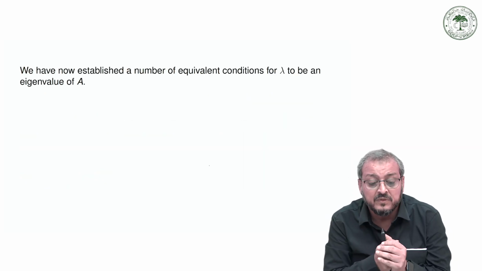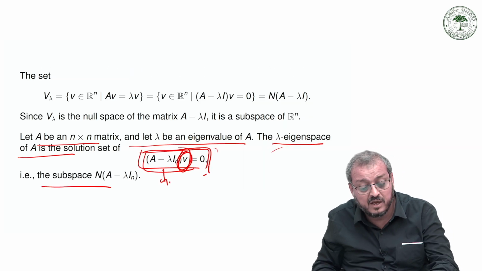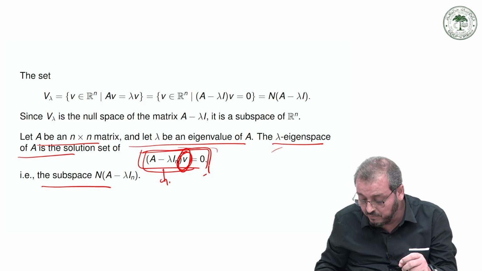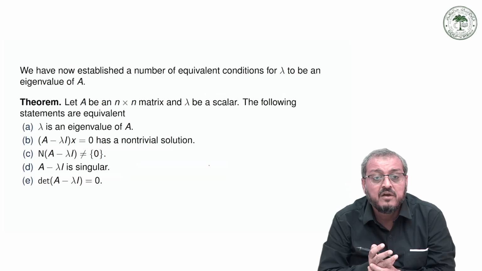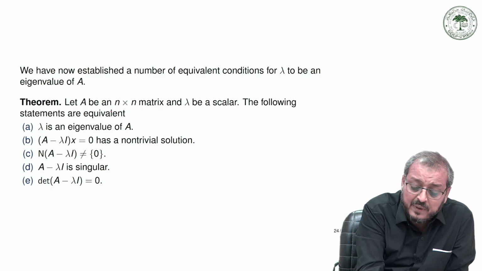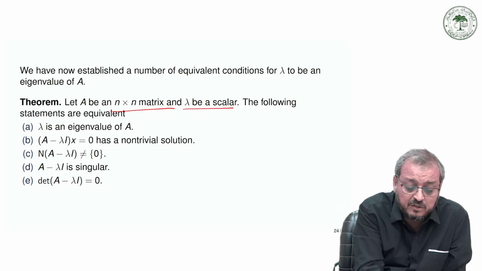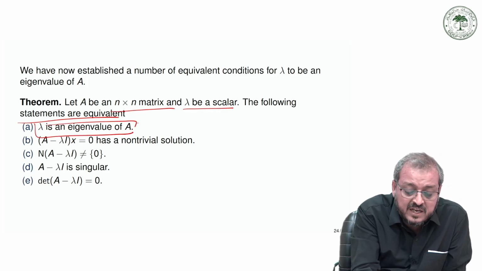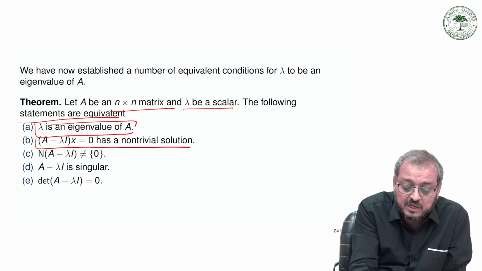Now, combining all this discussion, we establish it in the form of a theorem. If A is an n by n matrix and lambda is a scalar, then the following statements are equivalent. Lambda is an eigenvalue of A. If lambda is an eigenvalue of A, then the system has a non-trivial solution.